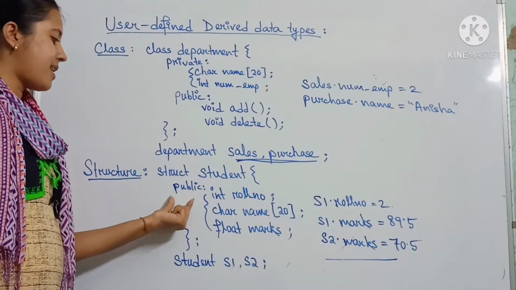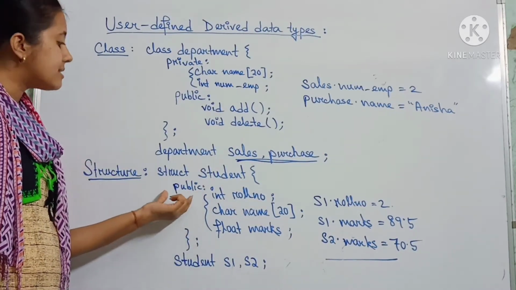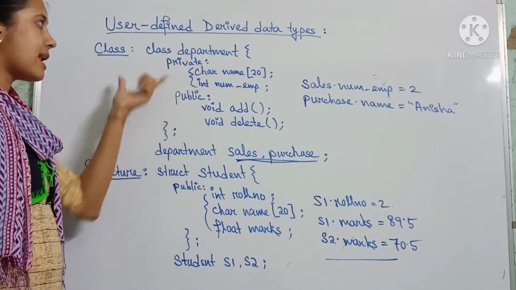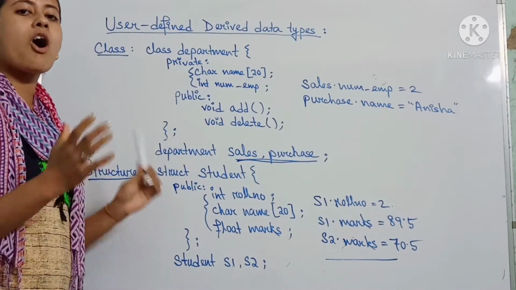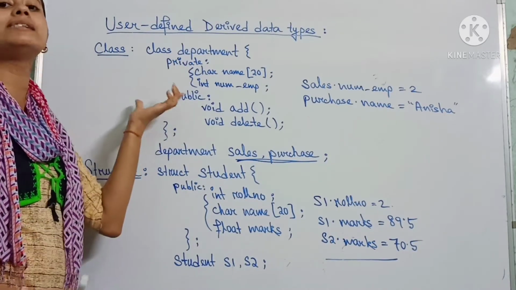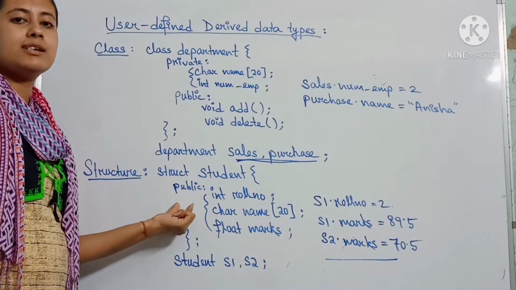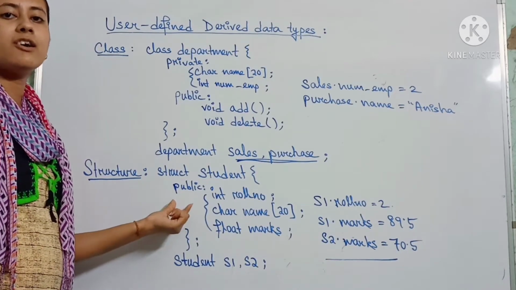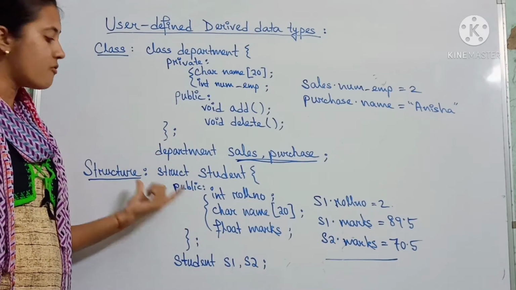From the second difference we can make another, third difference. The class has the property of data encapsulation or data hiding, which means it provides security. But the structure doesn't provide security as it does not accommodate data hiding or data encapsulation. Clear? Why?